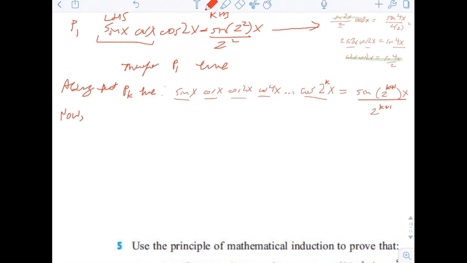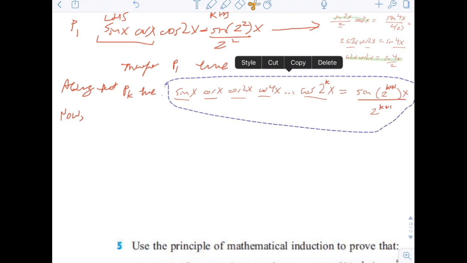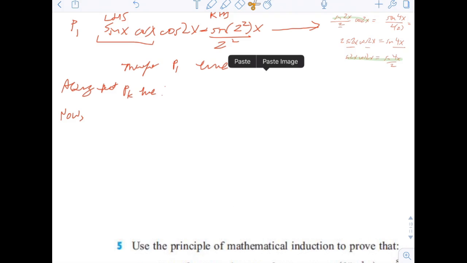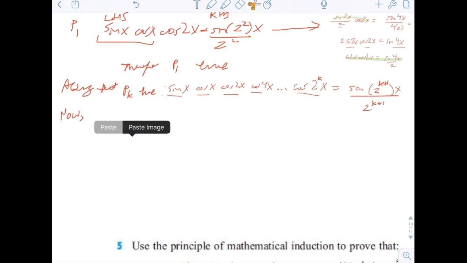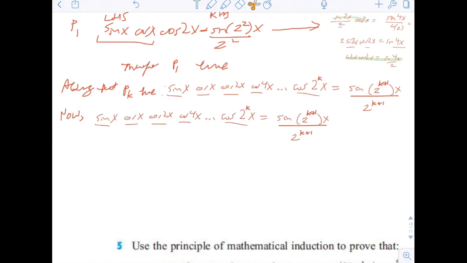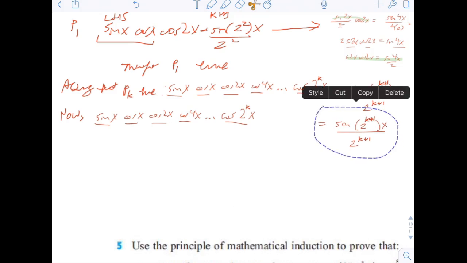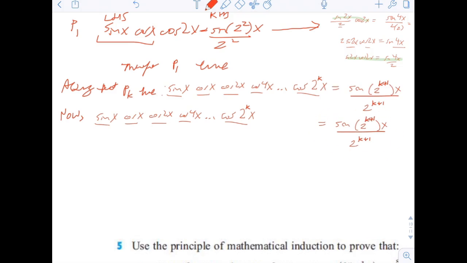Now we're going to look at the k plus 1th case, okay? So now we're going to write out the k plus 1th case. I'm going to put it here. Instead of just cosine 2 to the kx, we're also going to multiply the next one, which would be cosine 2 to the k plus 1 x.